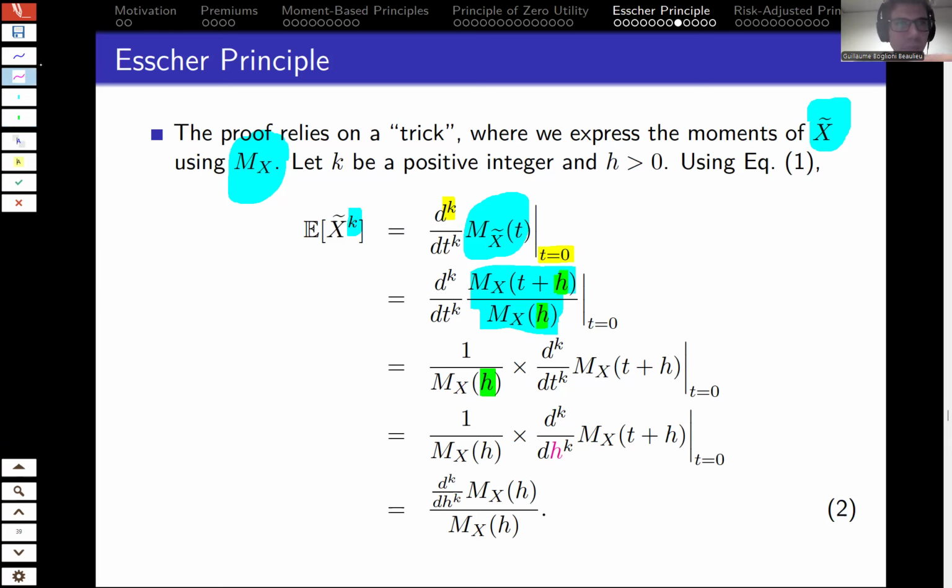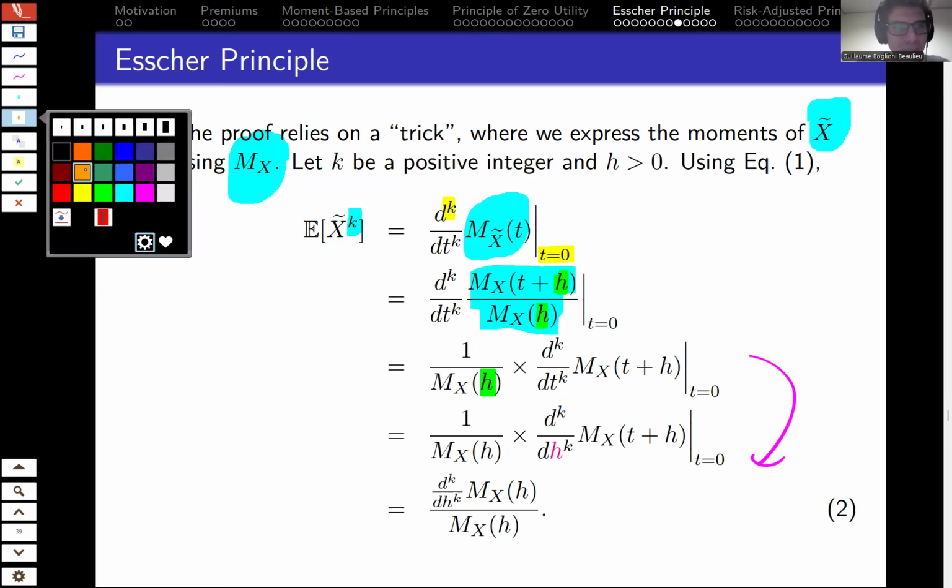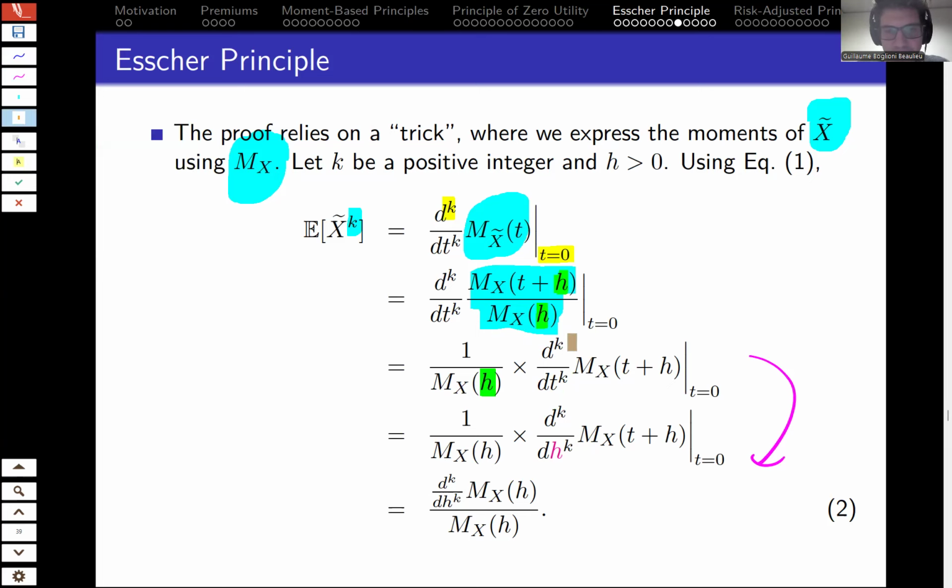And here, from here to here, I hope this step is not too esoteric. We do need to take a moment to convince ourselves that it's valid. We are kind of magically changing the derivative to be here. You see it was with respect to t. Now we make it with respect to h.